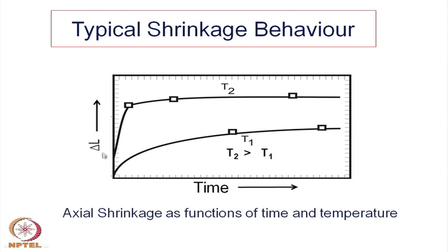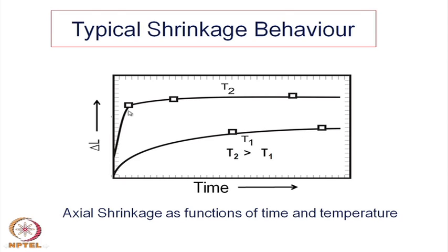Delta L is the change in the linear dimension, as a function of time, normally on a log scale, and we have the temperature effect. As we have mentioned, with time initially the kinetics is fast and then slows down, and the rate becomes almost constant.